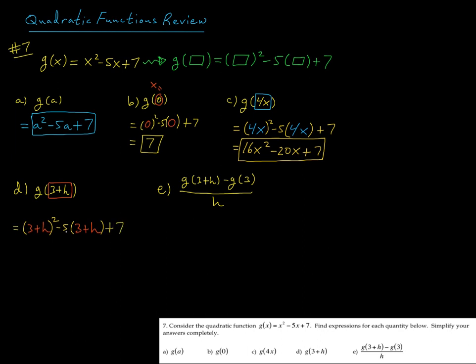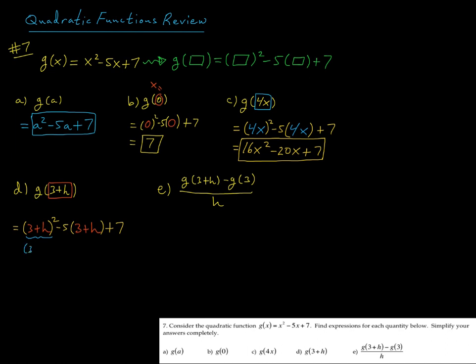And you can see here the parentheses are crucial because when I square, I'm squaring this entire quantity, 3 plus h, not just the 3 or just the h. And likewise here, the 5 is multiplying this entire quantity, so I have to be really careful when it comes to parentheses.